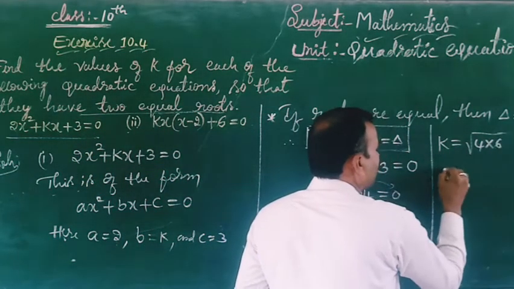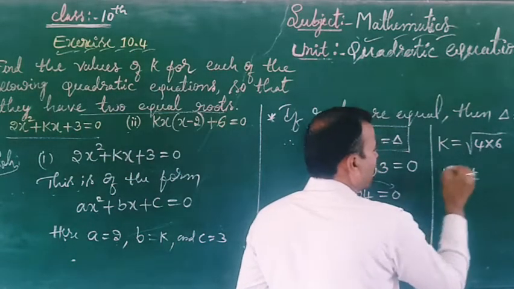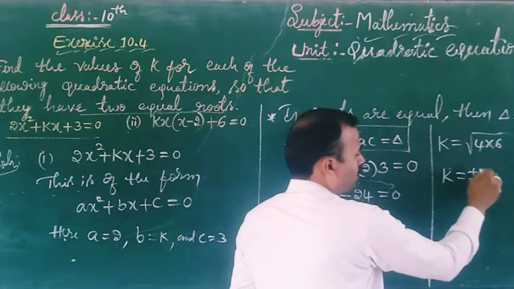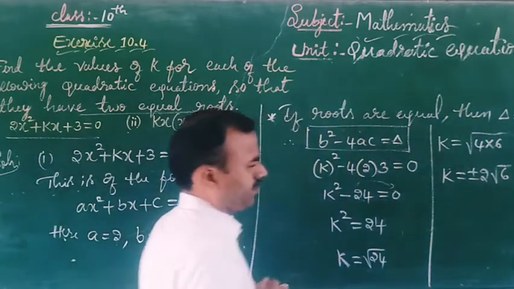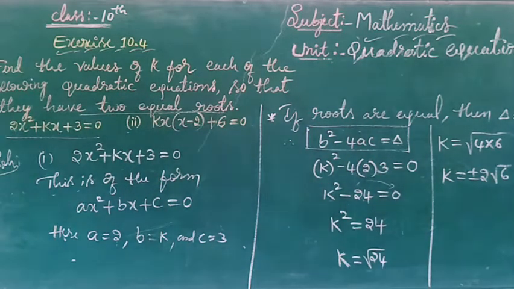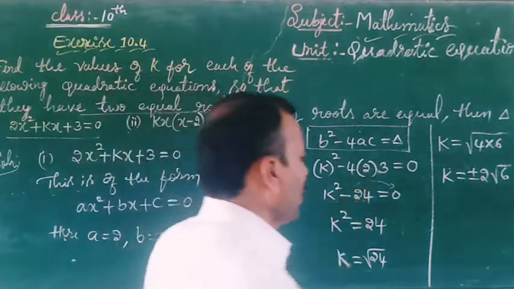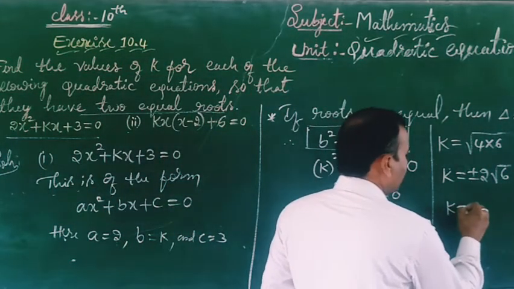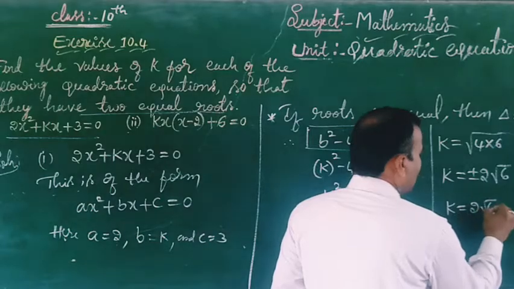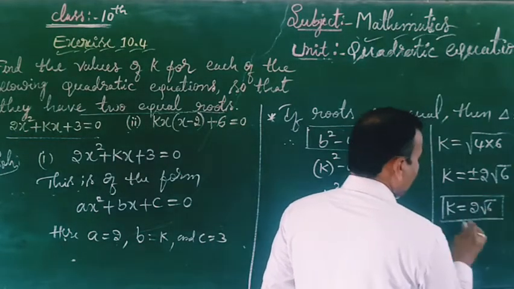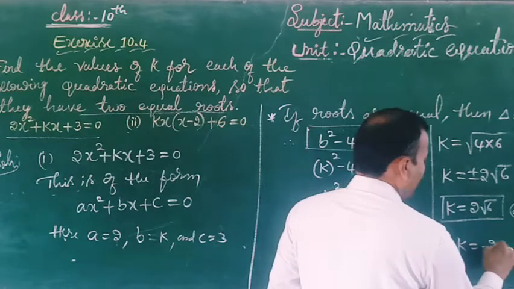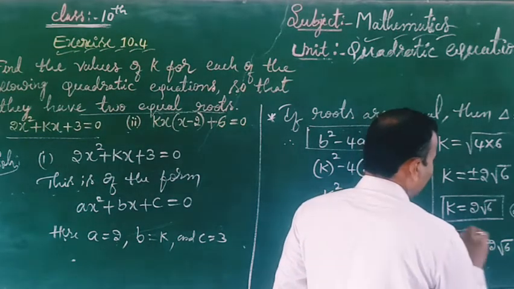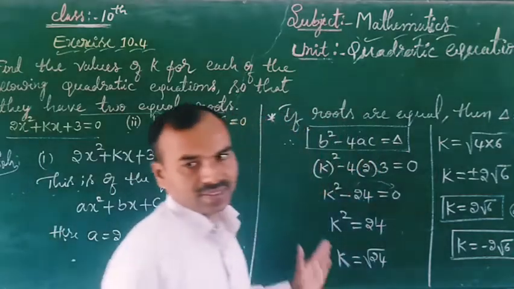So k equals plus or minus square root of 4 times root 6. Therefore, k equals plus 2 root 6 or k equals minus 2 root 6. Take it down.